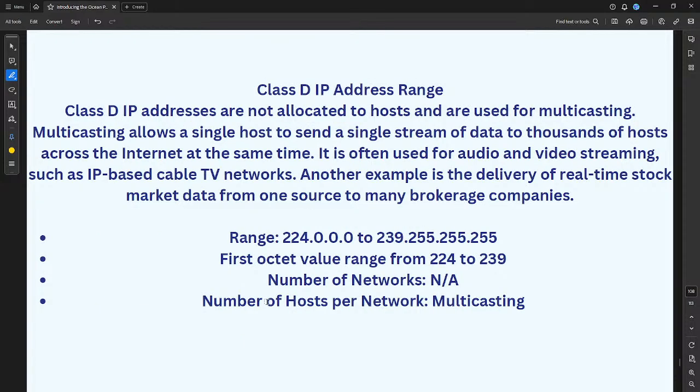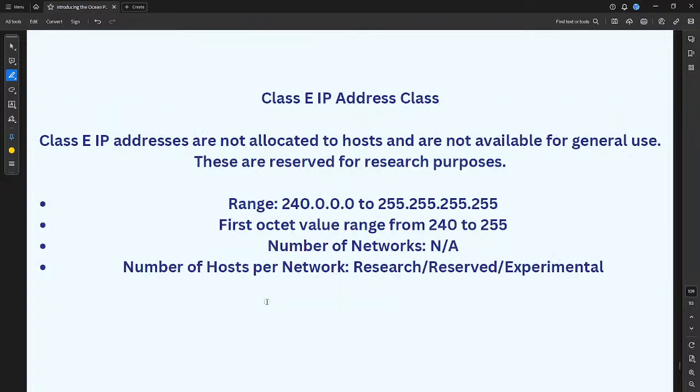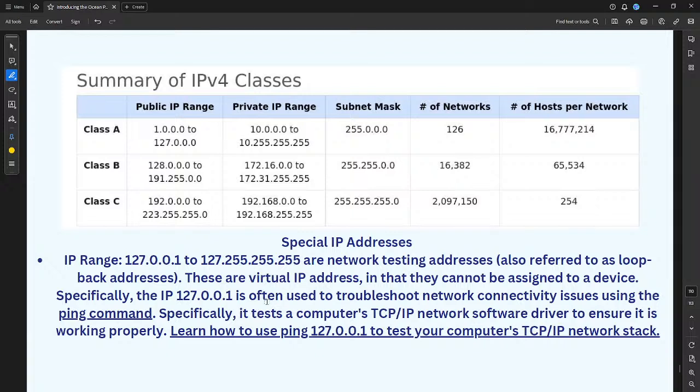So we have the class A, class B, class C, class D, and class E types of IP addresses as well. So we can see the conversion.